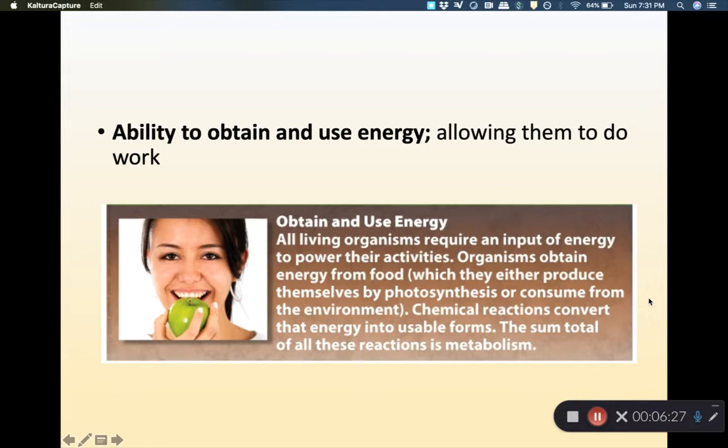An example here could be photosynthesis and how plants are able to convert sunlight into energy that the plant then uses for growth.